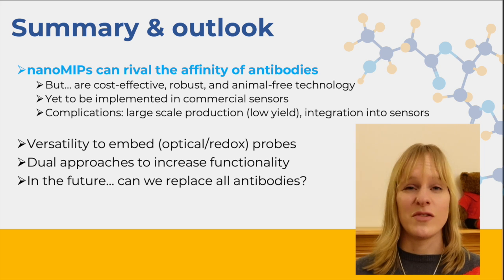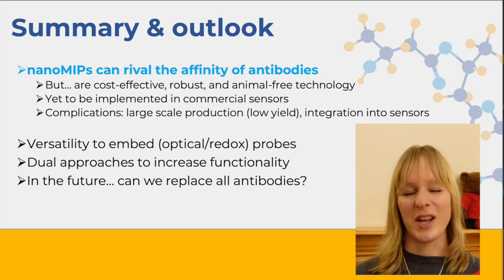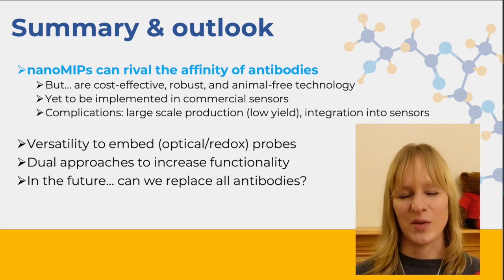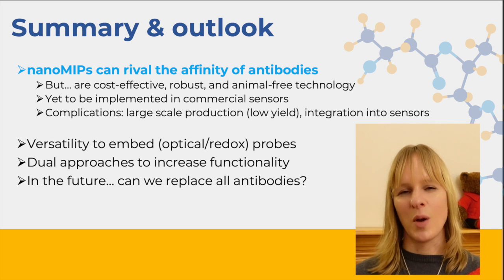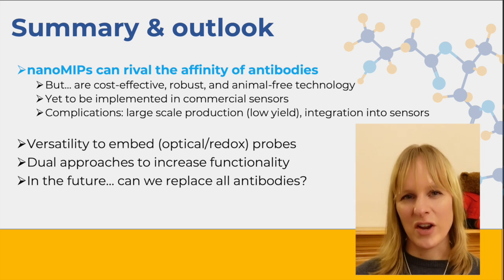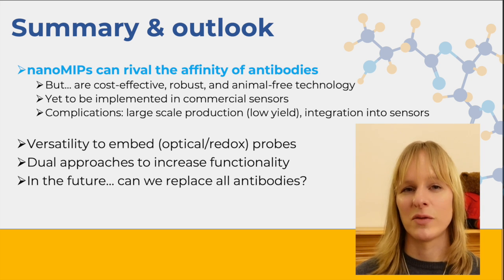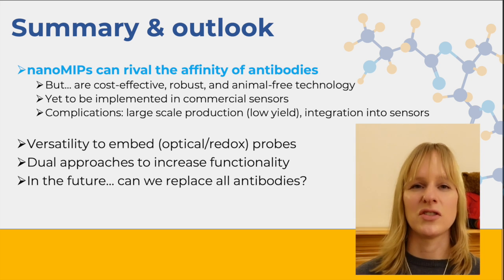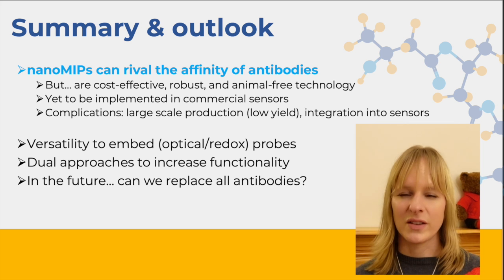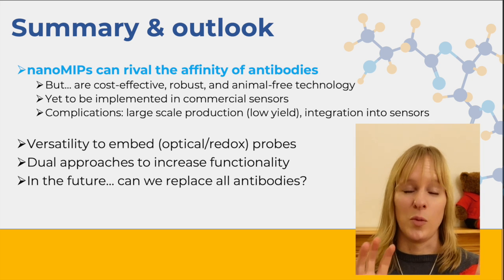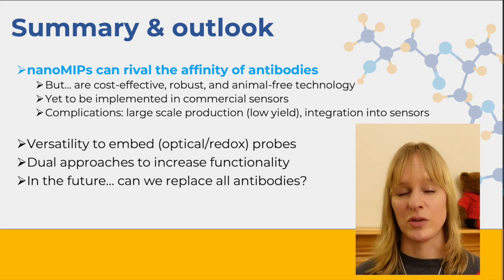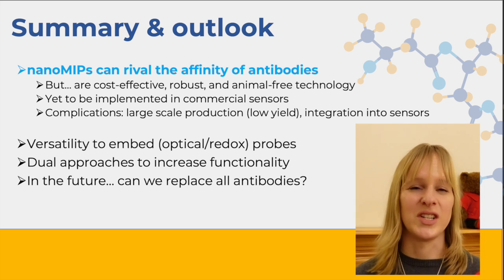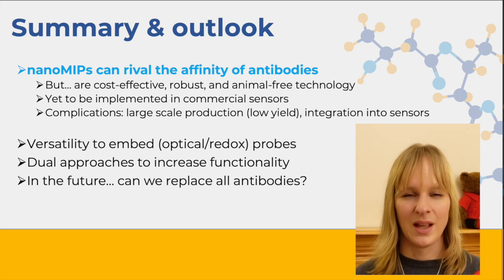Other things that really need to be looked at are how we can produce them on a big scale, because the yield of the solid phase approach is quite low, and how we can do a one-step integration of these materials into sensing. For instance, if we did some printing procedures, you could directly integrate the sensors with the polymer materials, because for now we have to do multiple steps in order to covalently attach them, which is obviously not very convenient.